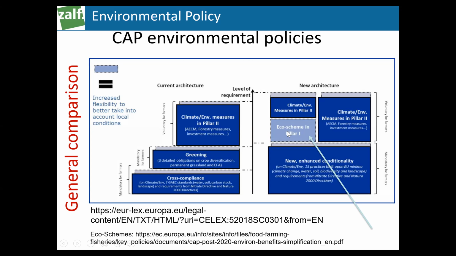That means you can tailor as a member state now your own program in a better way. It's more tailored according to the needs of the region with the eco scheme in Pillar 1. The decision on the program itself will be taken by the member state.